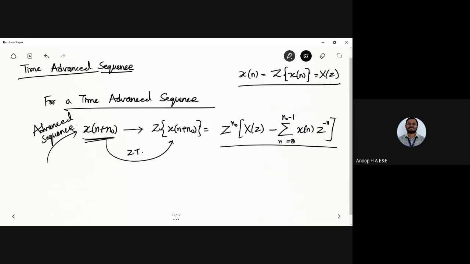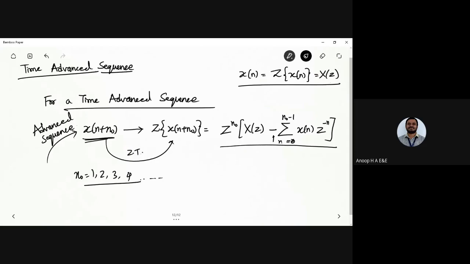I'll be taking the z transform of it, and the equation has the minus sign here, sigma n equals 0 to n naught minus 1 of x of n z power minus n. So it is being delayed here, like x of z which was already there, so you are taking the negative of it. Now let us take n naught for 1, 2, 3 and 4.